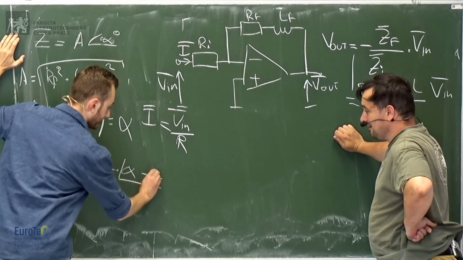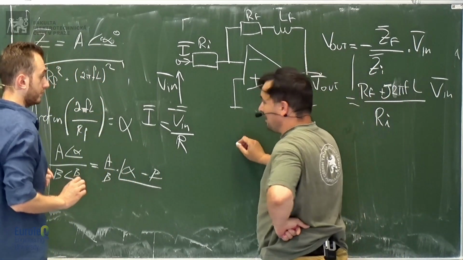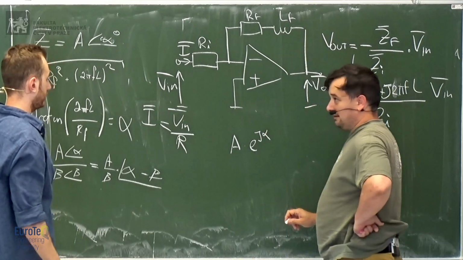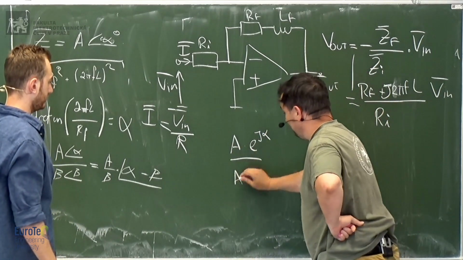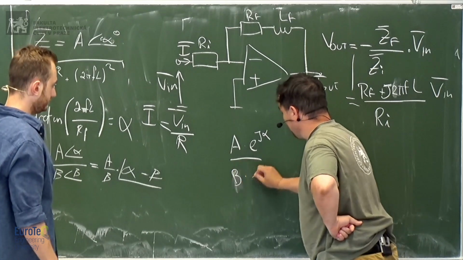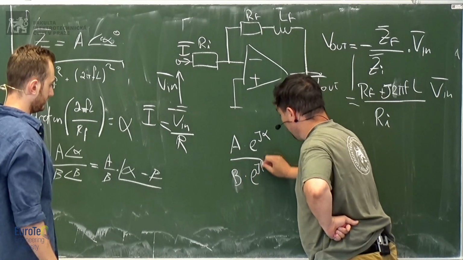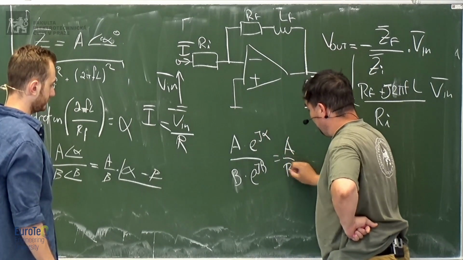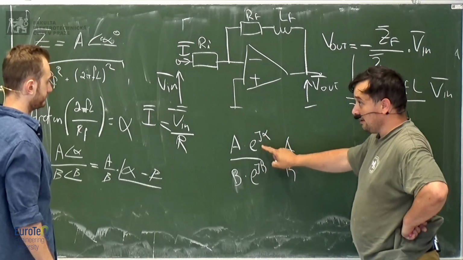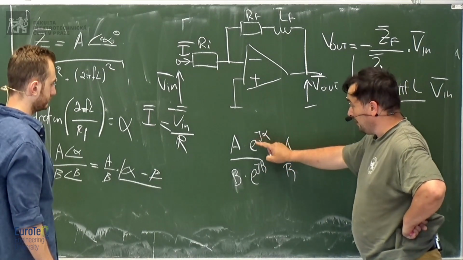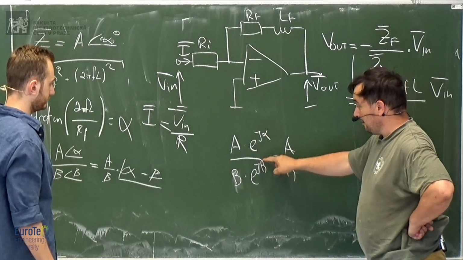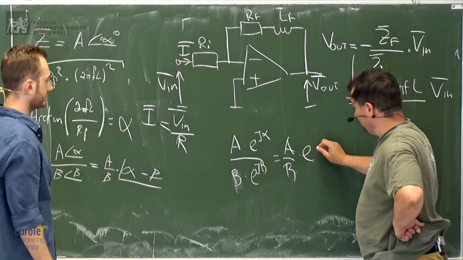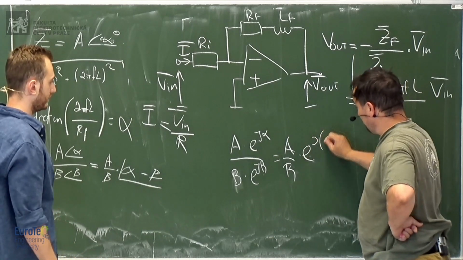Is that correct? Because you can say that the complex number is A e to the j alpha, divided by B e to the j beta. So you have A over B, and then the ratio of e to the j alpha divided by e to the j beta. Those are laws of exponents, which give minus, so it will be e to the j (alpha minus beta).